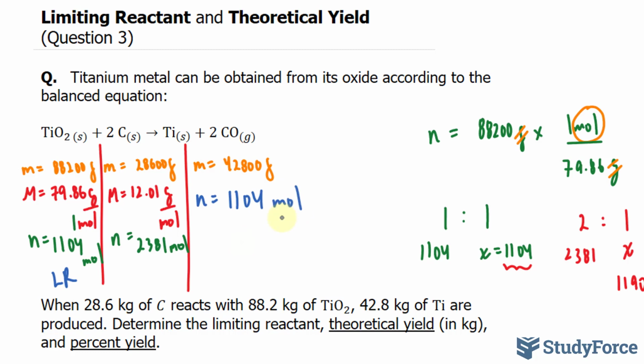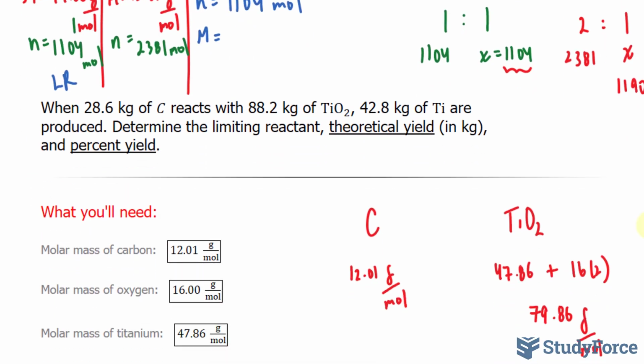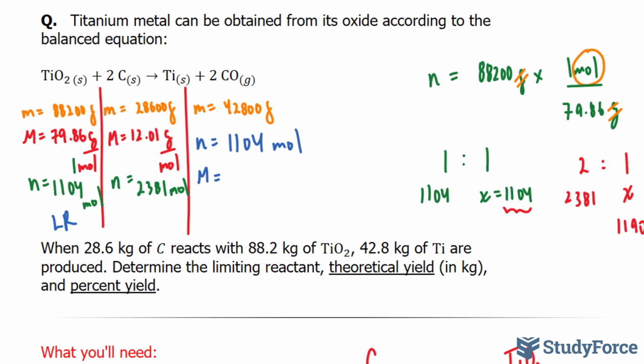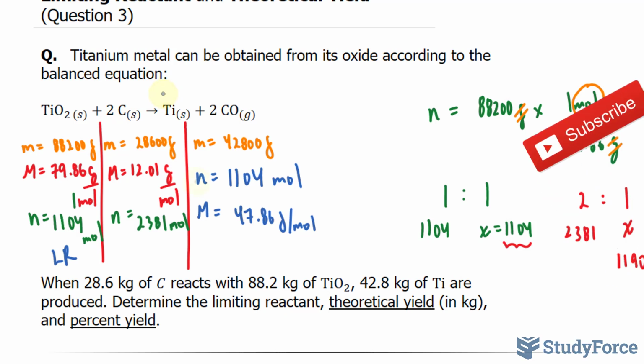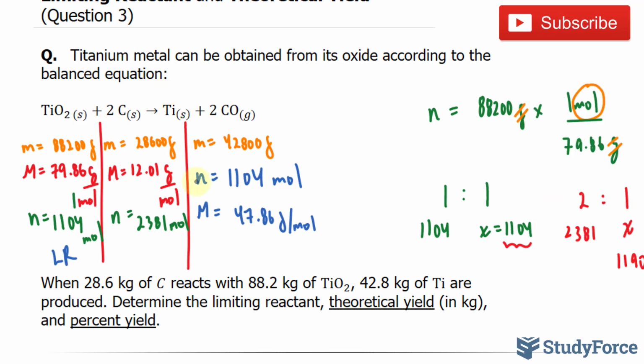Next, we want to find the molar mass. The molar mass of titanium is right here. It's 47.86 grams per mole. Notice that we didn't multiply it by anything because it's only one atom. Now to go from moles and molar mass over to mass, and remember what we're trying to accomplish here is the theoretical yield. We need to multiply these two numbers.